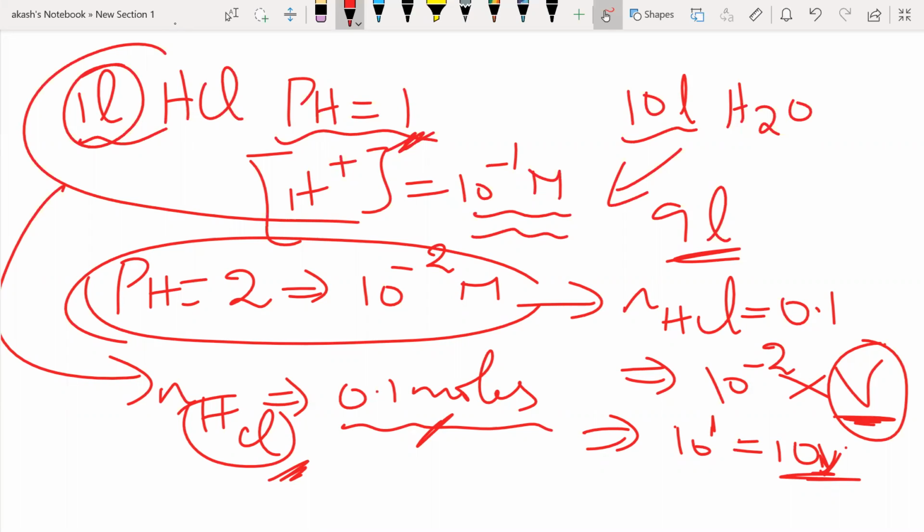So molarity and volume calculations give me the number of moles, and I got the volume, sorry, 10 liters, and then extra added is 9 liters. That's the answer. Pretty easy question, right? If any doubts, you can ask me. I'm going to the next question. I'll send you in the group.